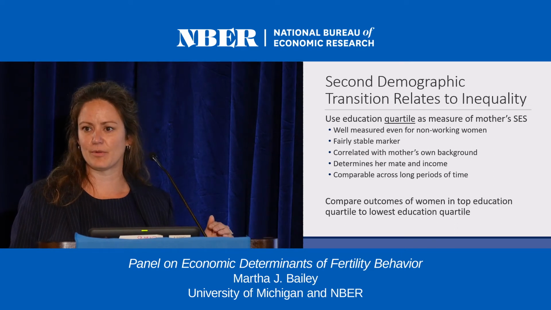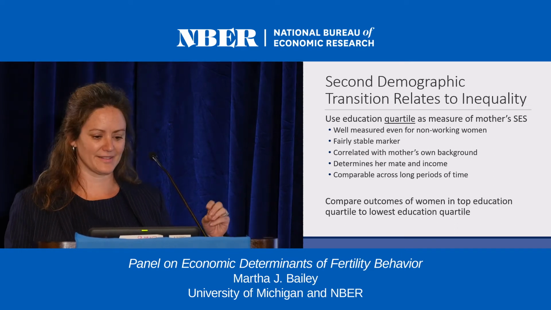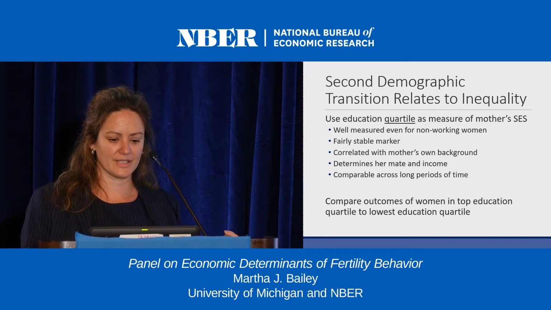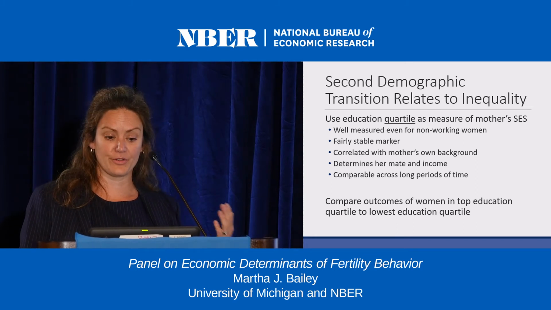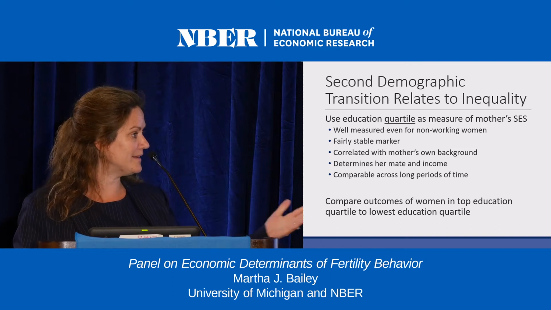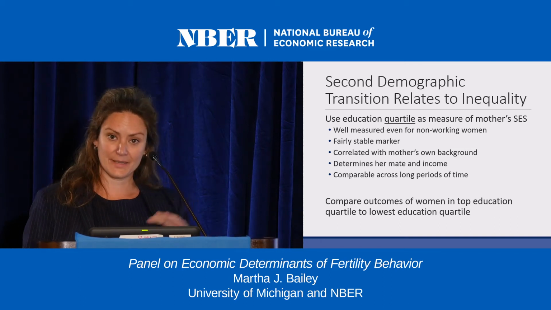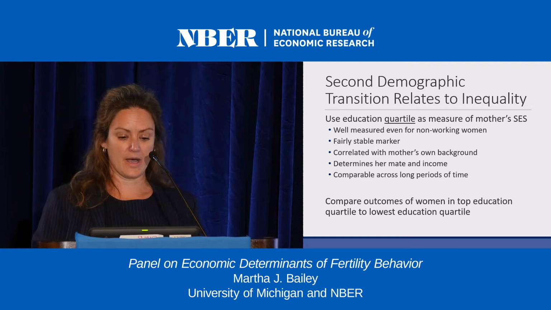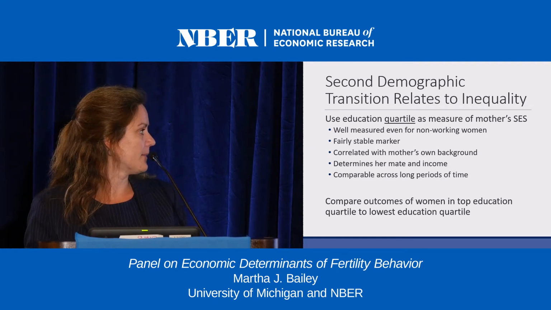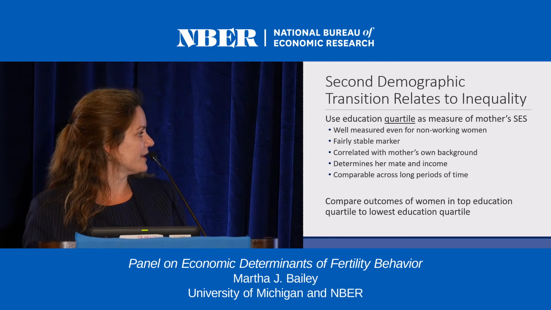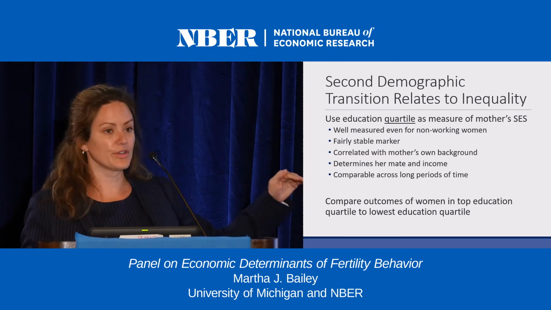It's a fairly stable marker, though we know that there's some creep in the censuses for the same cohorts across time. It's correlated with mother's own background, and it also determines her mate, who she ends up marrying, and also her lifetime income. It's comparable across broad periods of history. So when we compare outcomes of women in the top education quartile to the lowest quartile, how do these figures change?